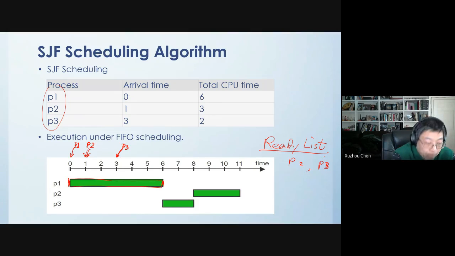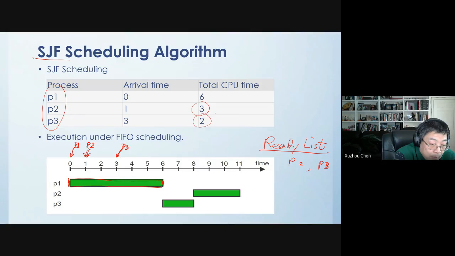Now, if we use FIFO, we check who's going to be next. P2 actually arrived first, so based on FIFO, P2 will get the CPU first, and P3 second. But now we use shortest job first, and the operating system is going to check who has the shortest CPU burst time.